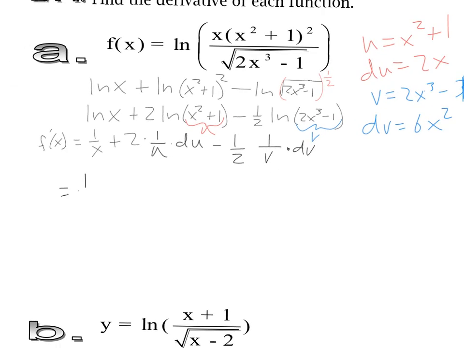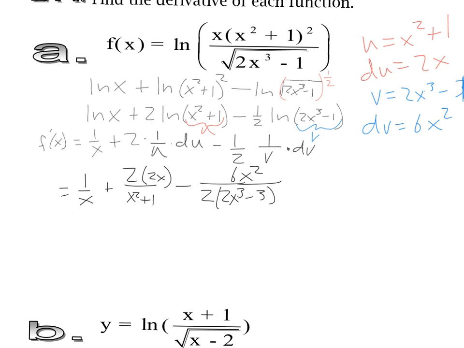We get 1 over x plus, I'm just going to put this 2 on top, over, what is u again? Well, it's x squared plus 1, and du is 2x. So I'm going to put that on top, because I'm multiplying, it goes on top, minus, on the bottom I'm going to have a 2, the v is 2x cubed minus 1, and on top it's going to be dv, which is 6x squared.